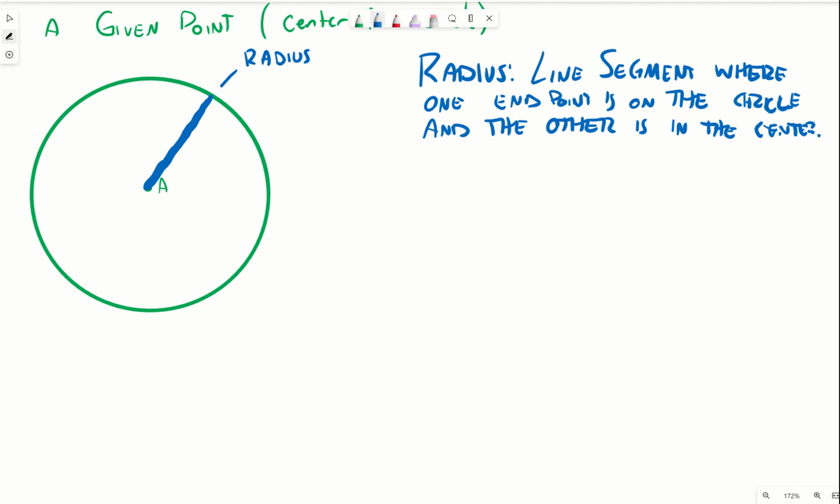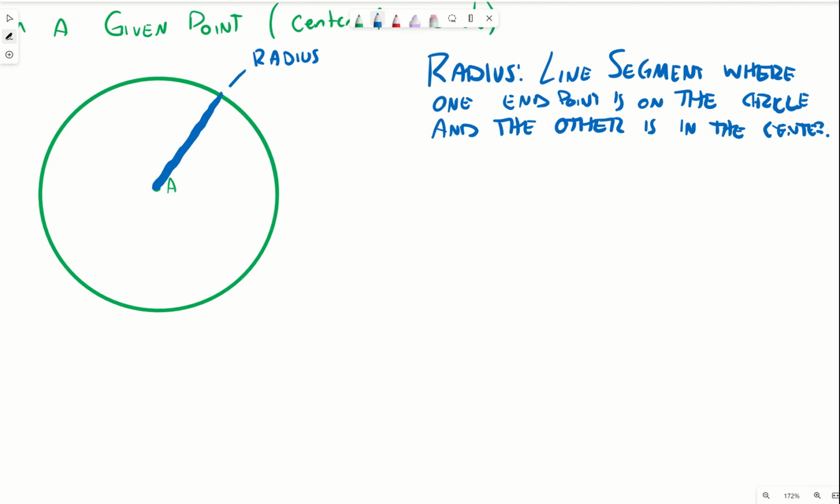Okay, so one endpoint is on our circle here, and the other endpoint is our center. That's the radius. Let me maybe start typing these things out so we can see.